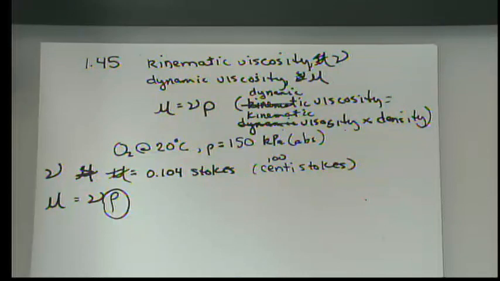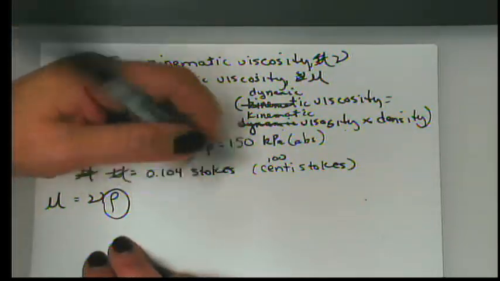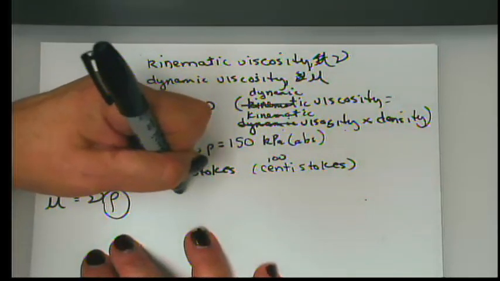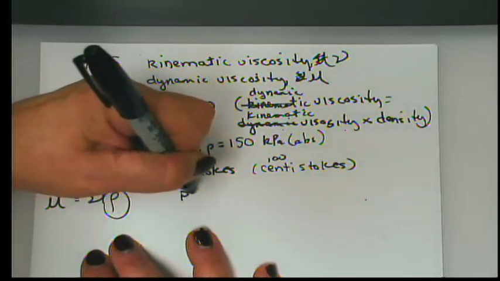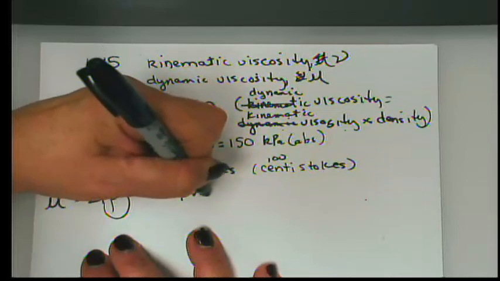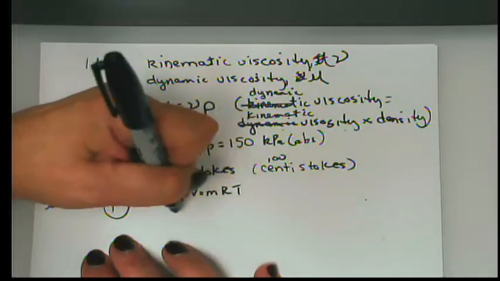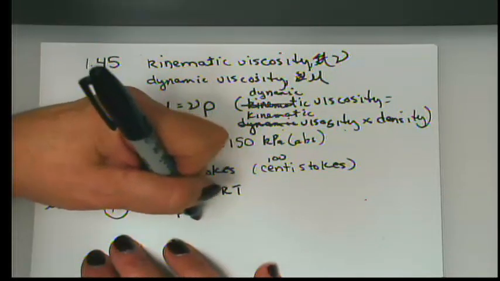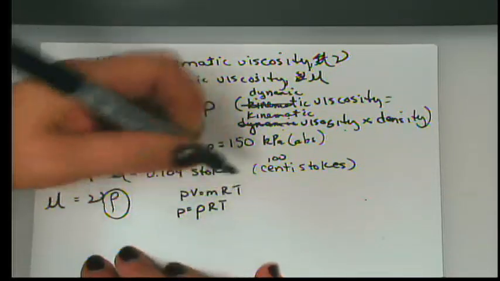If it is a gas, we could use the ideal gas law. So we could say that P times V is equal to mRT, or P is equal to m over V, which is rho, times RT.